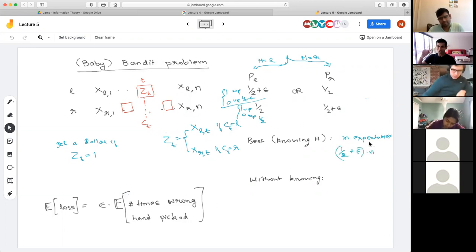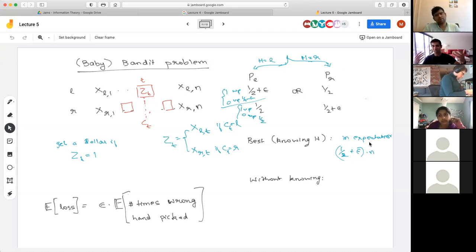If you knew the biased coin, you would just always pick that hand, and in expectation you have a probability of getting half plus epsilon times $n. There is a subtle issue that the best of the two hands in terms of the expectation need not be the expectation of the best of the two hands.